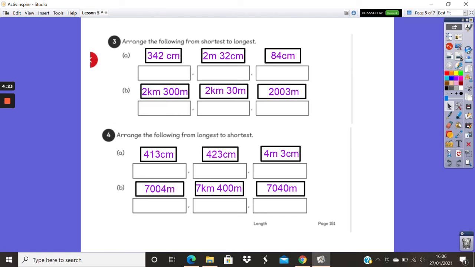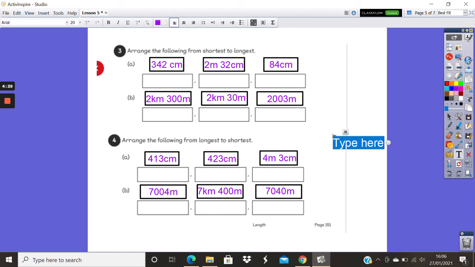Okay, arrange the following from shortest to longest. Again, as you can see, some of these measurements are in metres, some are in centimetres. So we need to convert them so that they're all the same measurement. So if we've got 84 centimetres, we can't convert that into metres because 100 centimetres make 1 metre. Okay, so we're going to convert the measurements into centimetres.